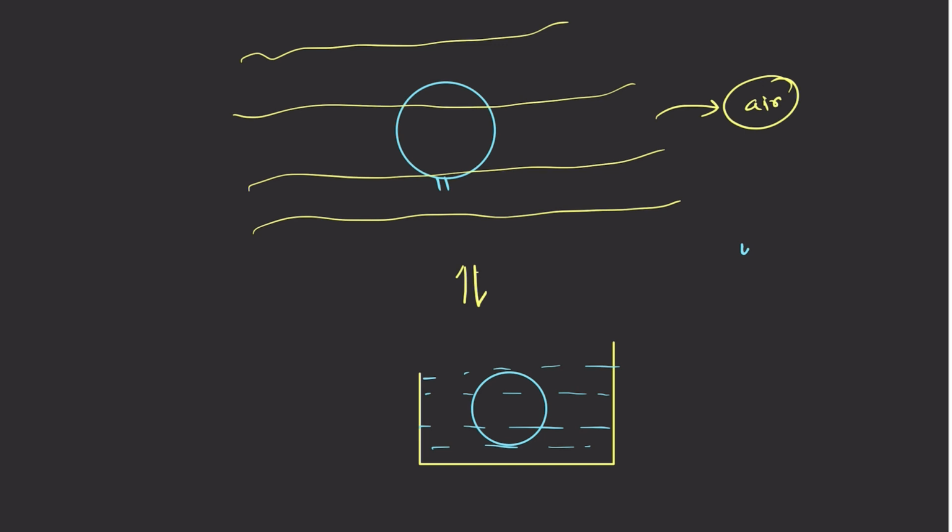Since water and air are both fluids, they are very similar situations. I have dipped a hollow sphere in water, and in the same way I have kept a hot air balloon in air. The principle being used in both these cases is exactly equal.